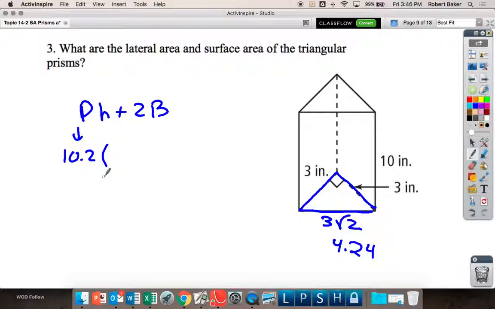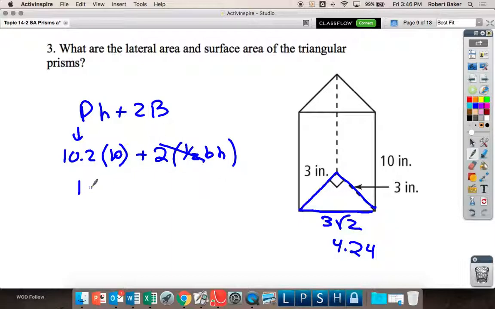What is the height of the solid? 10. Plus 2 area of triangles. What do you think happens if I do 2 times half base times height? It's just kind of base times height. So we can kind of cut these out.